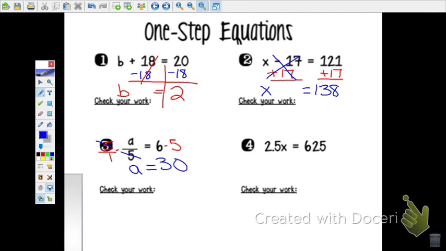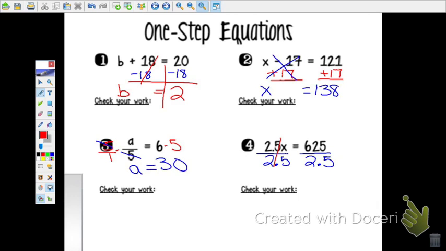Number 4, we have 2.5x equals 625. What am I going to do to get that x by itself? I'm going to divide both sides by 2.5. So on the left side, 2.5 divided by 2.5 is 1.